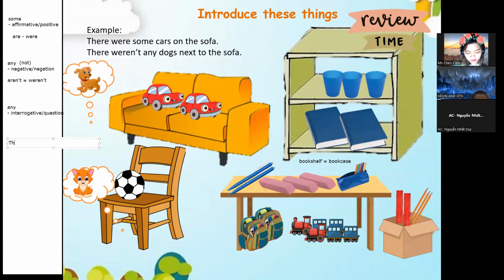There was a indicating one. There were some, referring to the plural form. What are you going to use with the pens? There was a or there were some?